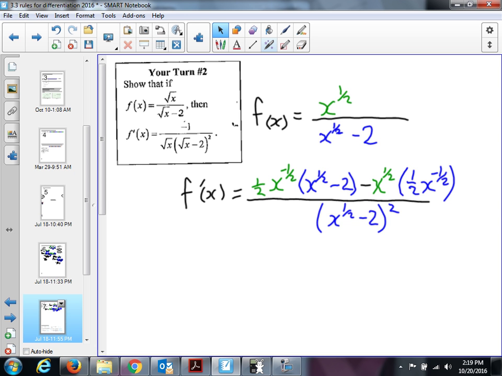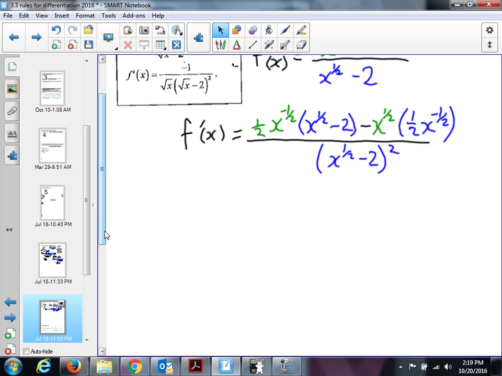Now, the next thing is to distribute and simplify the top, the numerator's expression. So I'll drop the colors here, but let's just think about this. What is 1/2 x to the negative 1/2 times x to the positive 1/2?